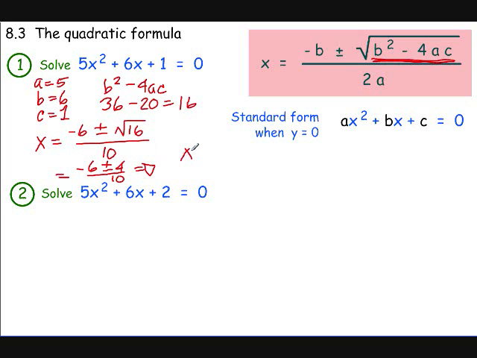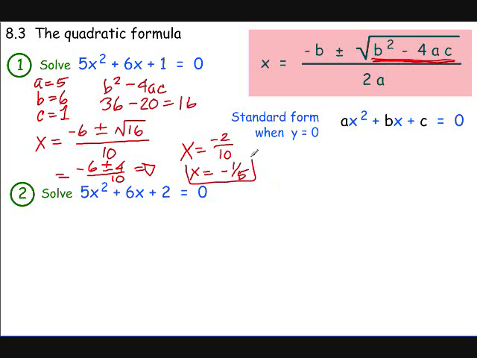Either X is, make it look like an X, minus 6 plus 4, which would be a minus 2 over 10. That would be minus 1/5. That would be one solution.